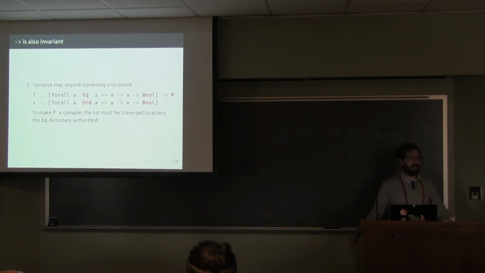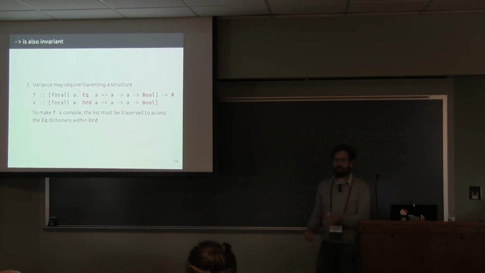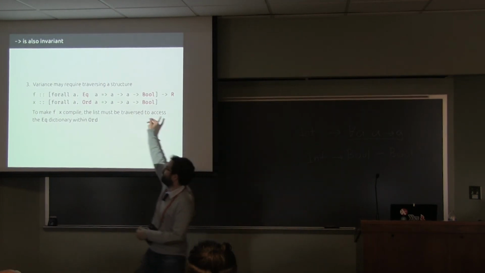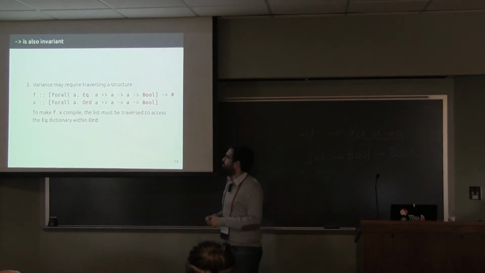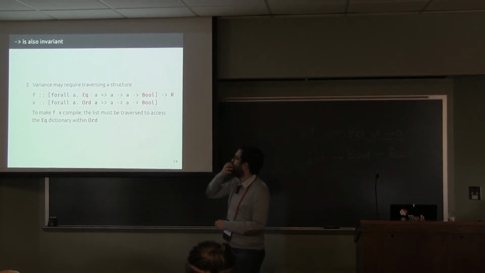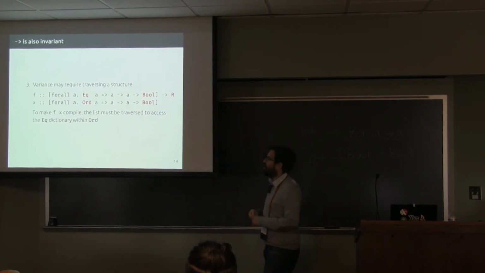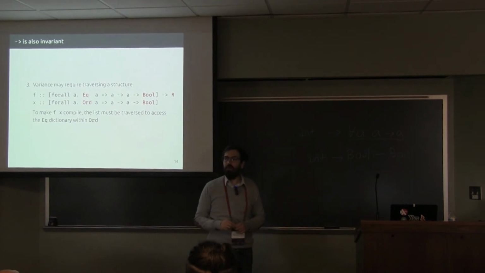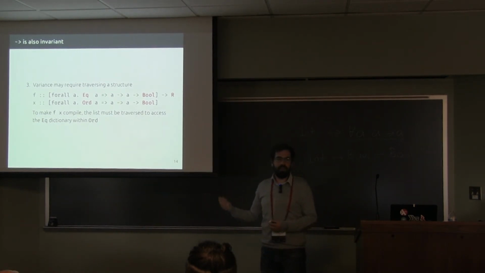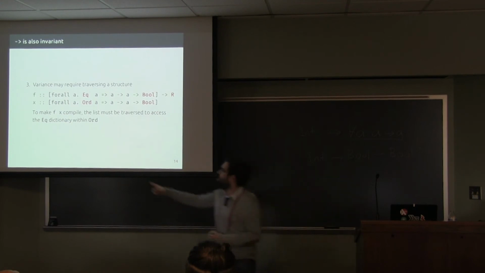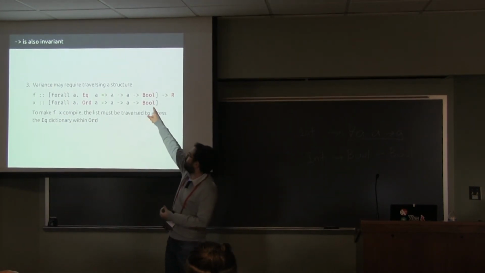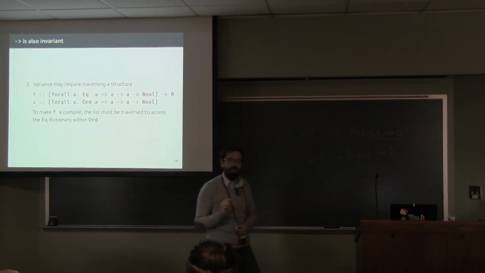And then there is the last problem, which is the problem that you won't find in Scala because of variance, which is: what if I need some function of elements which implement equality, and I just have a list of functions which happen to implement order? In Haskell, implementing Ord implies that you implement Eq. So it looks like you should be able to turn this thing into this thing automatically.